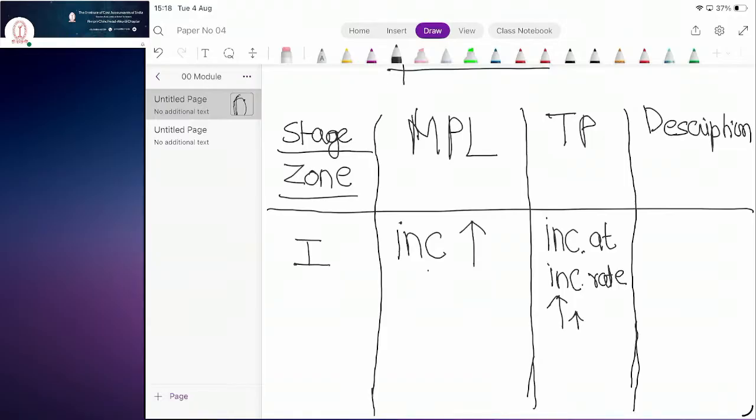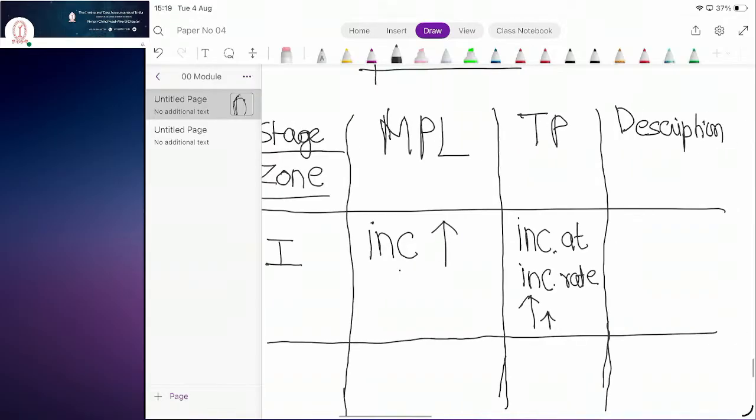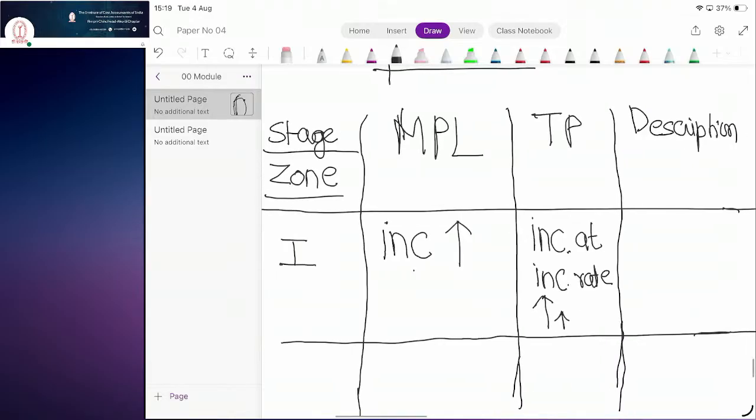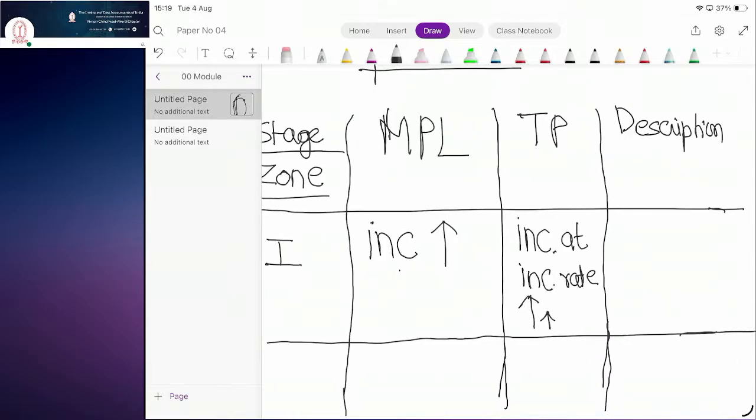See, because of the convex production function where everything is increasing, total output is increasing at an increasing rate, marginal product of labor is increasing. We also call this region the region of increasing returns.